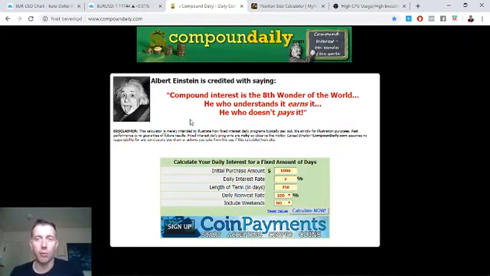Compound interest is the 8th wonder of the world. He who understands it earns it, and he who doesn't pays it. I think most people know about the compound effect, but they do not fully understand how amazing it is, and how big it can be for Forex too.